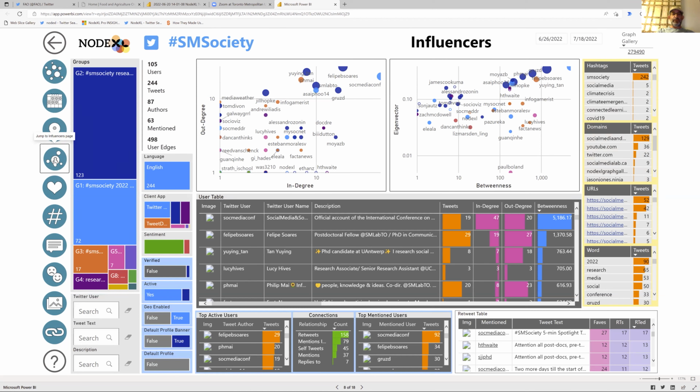Here in this display, we're presenting the population of people who tweeted the word SM Society, plotted in 2 scattergrams. One is how many people's names they said, plotted against how many other people said their name. So that's out degree and in degree.